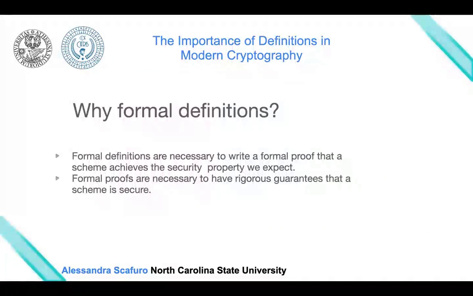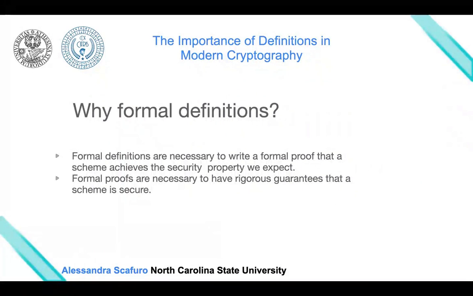And it does not give you any guarantee that your scheme will be secure with respect to any attacker. So the reason we put formal definitions in place is because we want to be able to write formal proofs, and we want to be able to write statements to the effect of saying our scheme is secure no matter what the adversary does, so long as the adversary runs in polynomial time. So we only put a computational bound on the adversary, but nothing else.